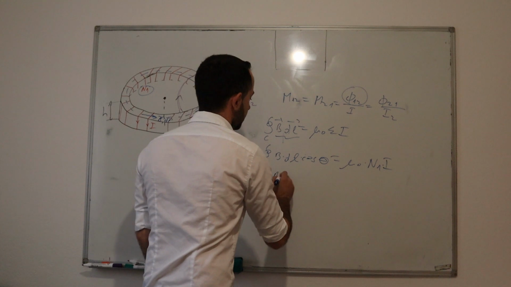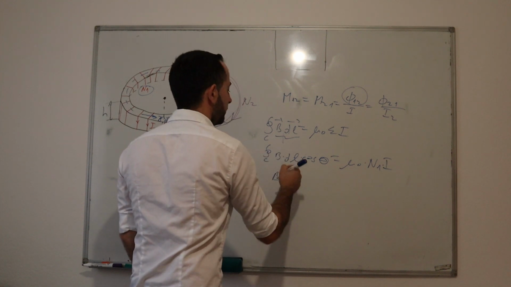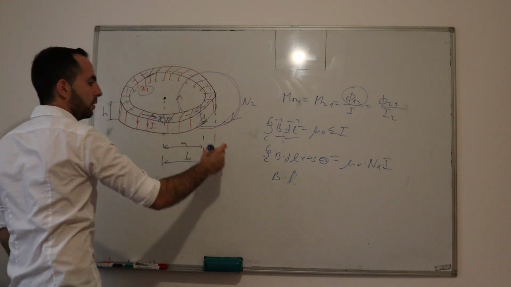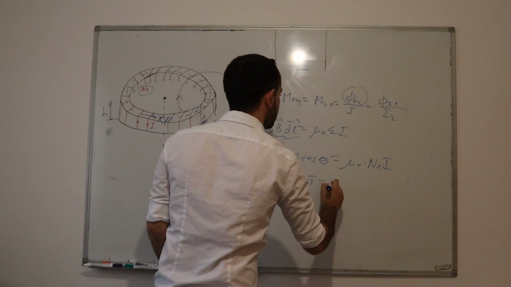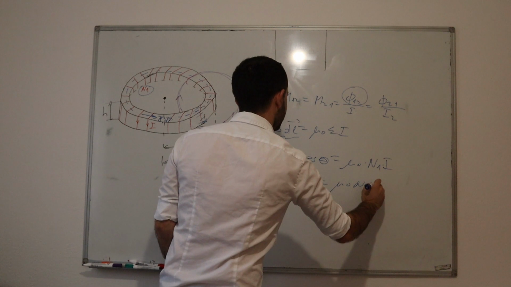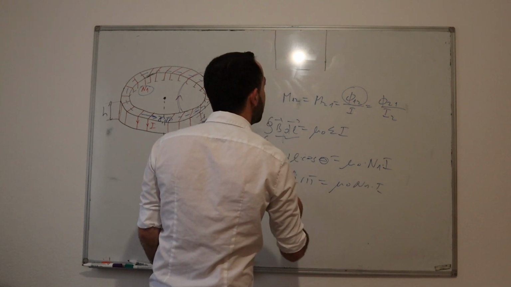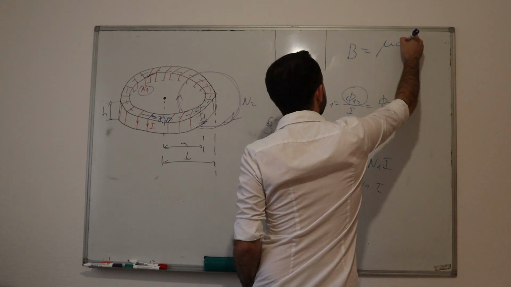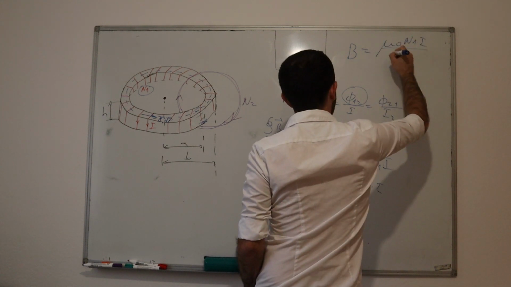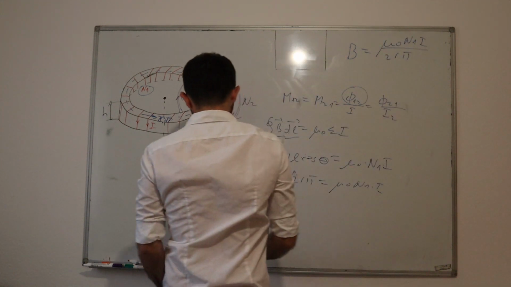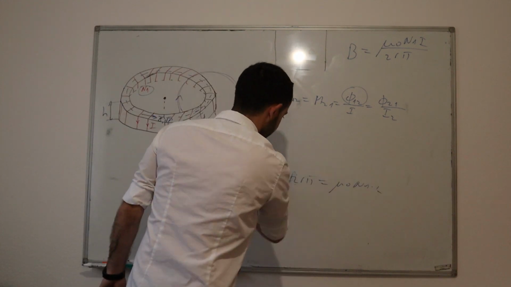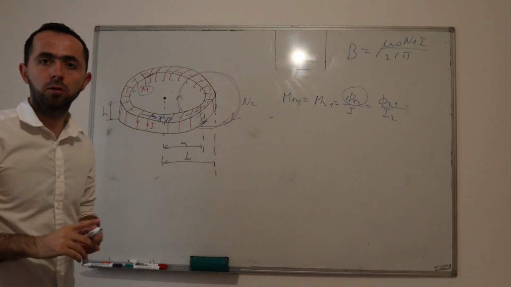So we get B times the integral of dl, which is only L, the length of our circle, 2 pi r, equal to mu 0 N1 I. So our B inside the torus is mu 0 N1 I divided by 2 pi r. Okay, this is our magnetic field inside a torus.